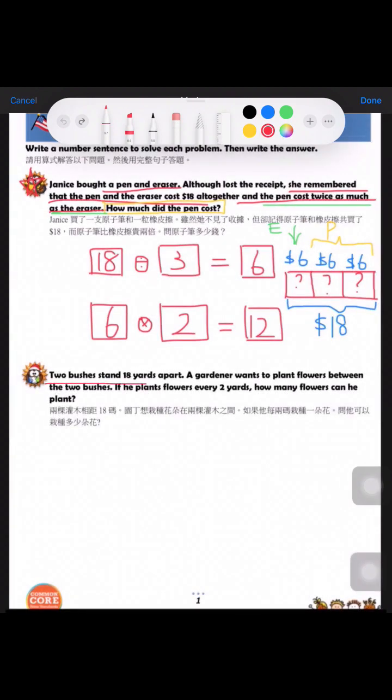2 bushes stand 18 yards apart. A gardener wants to plant flowers between the 2 bushes. If he plants flowers every 2 yards, we need to find how many flowers he can plant.